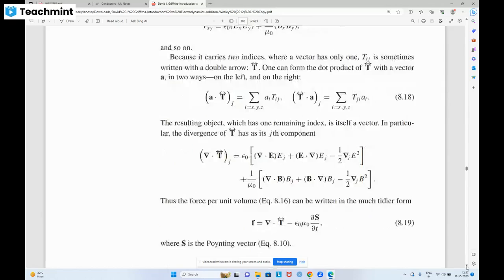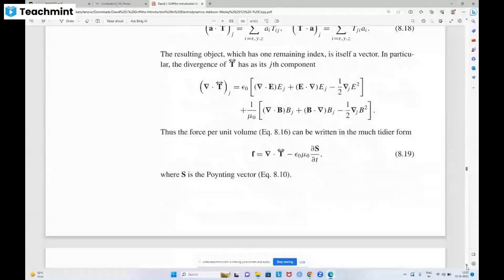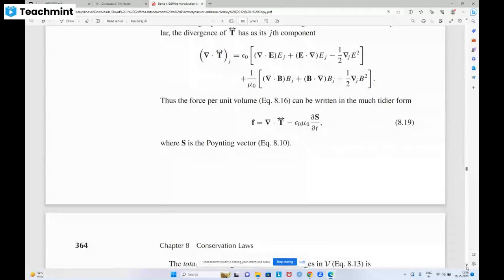And thus the force per unit volume of equation 8.16 can be written in a much tighter form: F is equal to divergence of T minus epsilon 0 mu 0 del S over del t, where S is the Poynting vector as we have done in equation 8.10.